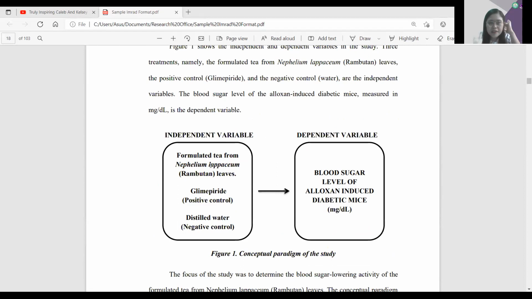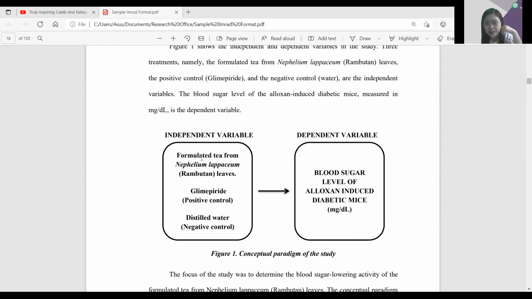So look at the independent variables class. These are the ones na manipulated or controlled in the study, meaning these are the drugs or these are the substances they have given in their animals. So sila ang nag-control kasi. Ito lang yung binigay nila. So that is what you call being controlled in the study.